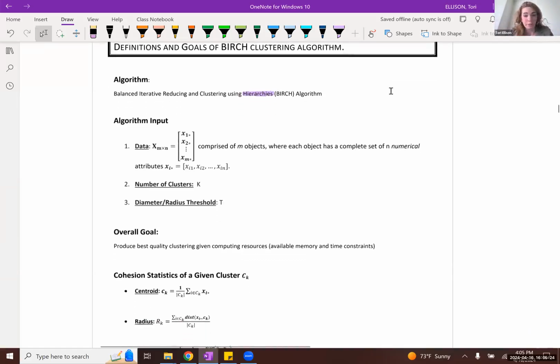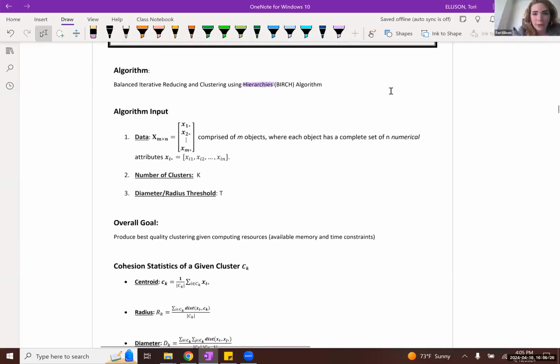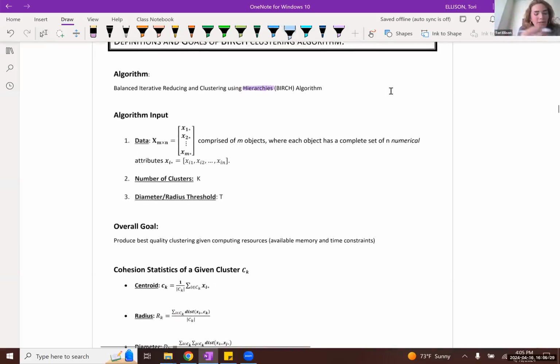Right. So the input for this algorithm is the following. Much like many of our other clustering algorithms, this is designed to only cluster numerical data sets with M objects and N attributes. Now, ideally, it is useful to know the number of clusters that you're looking for ahead of time.